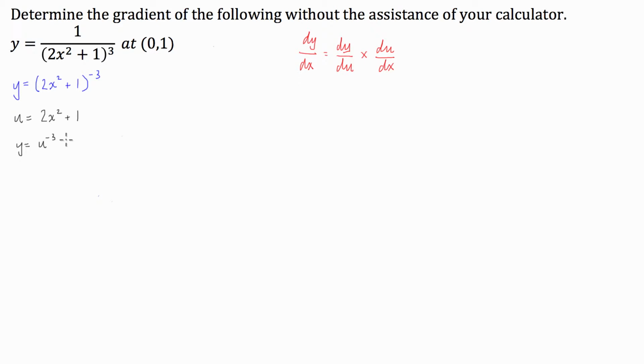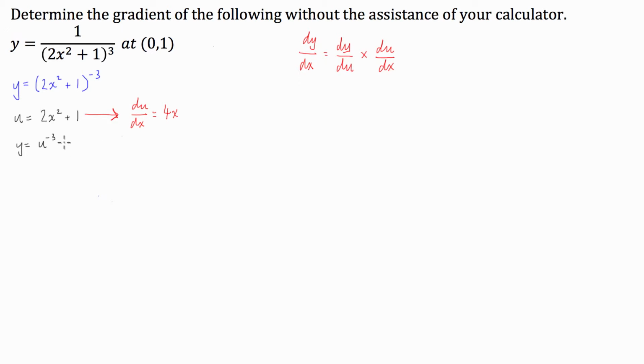So we'll start with the top one. This is u in terms of x, so the differential of this is going to be du dx is equal to 2 times 2, which is 4x, and we can lower the power by 1, it goes to 1, so it's unnecessary, and the 1 just drops off.